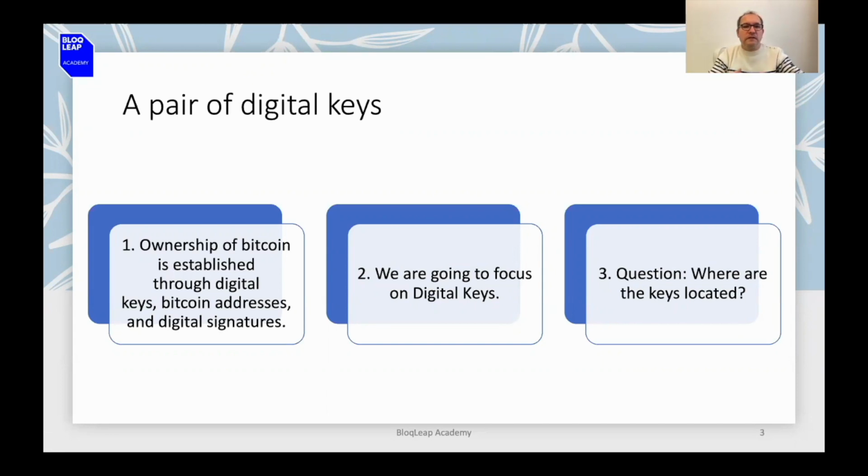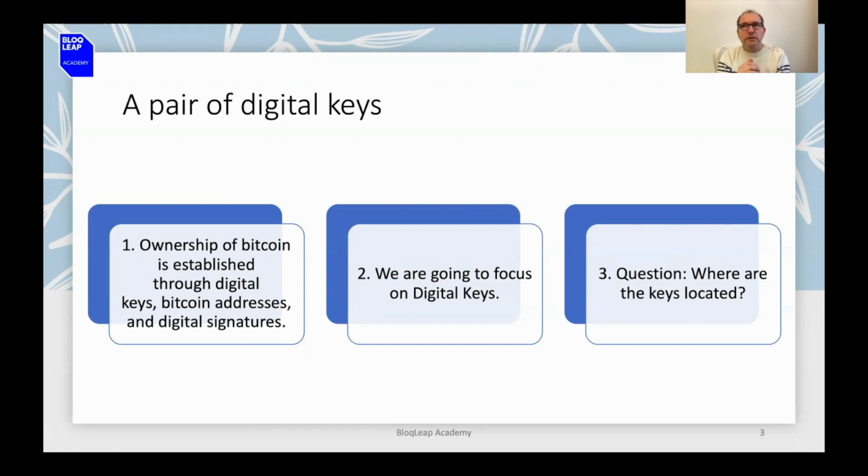And this pair of keys is going to give you ownership through, I repeat, Bitcoin addresses and digital signature. So the whole thing inside the system that I explained before, and I'm going to explain again today, is giving you the ownership of these coins. So obviously there are digital keys. Everything here is digital, okay?